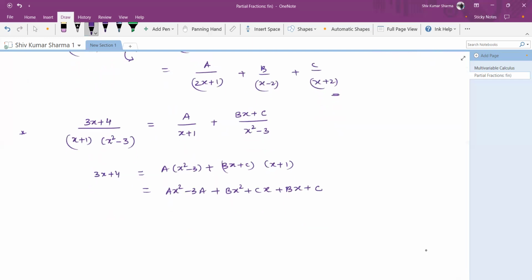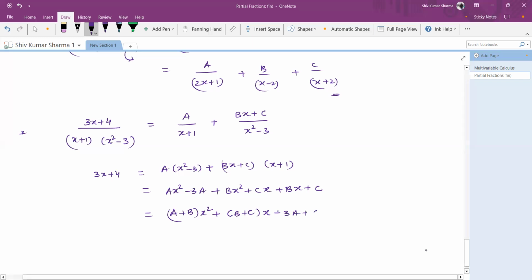So we write down this as a plus b into x square, and b plus c into x and constants minus 3a plus c. Okay, so this equal to 3x plus 4.